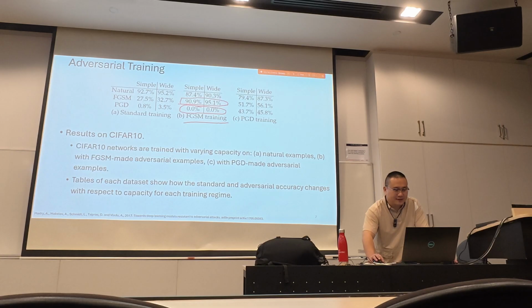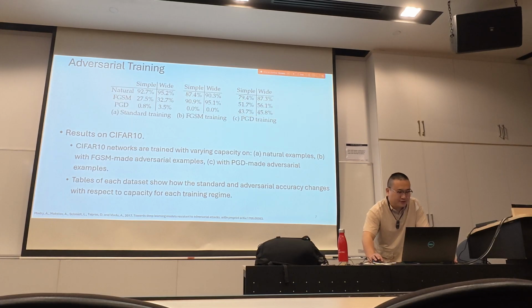So it means that the model is totally defeated by PGD. And then if we use PGD for adversarial training, you can see the general robustness against both PGD and FGSM. So that's why people choose to use PGD for adversarial training.